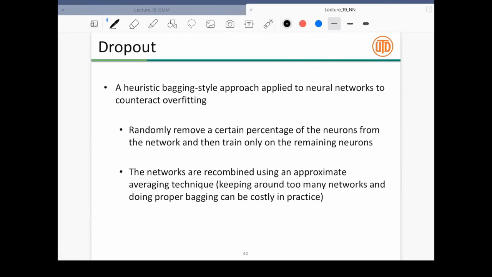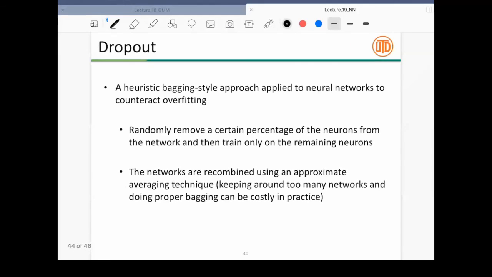We just modify the training by not considering these neurons and then considering these neurons at a later point, and then essentially averaging out the behavior of the weights through epochs. And this is the equivalent of bagging in practice.